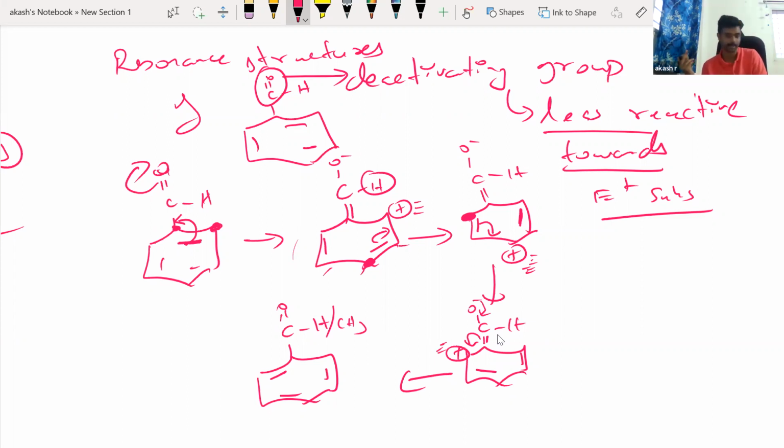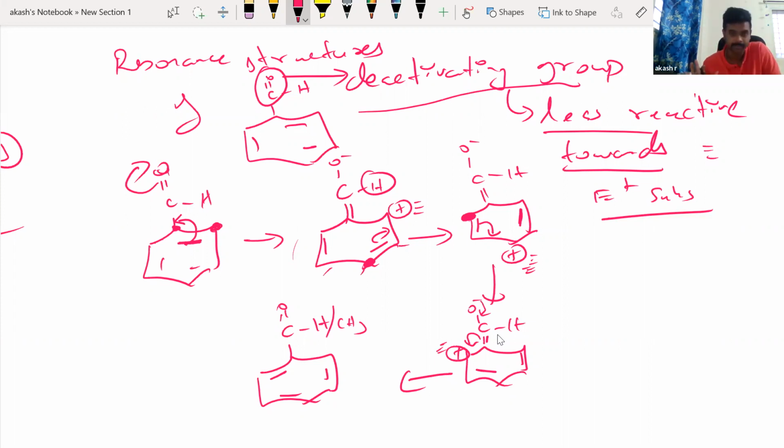Very high negative charges, so it is going to be very highly reactive for the incoming electrophile. But here you are forming positive charges, so the incoming electrophile will experience so much repulsion. That's why we say they are deactivating groups, in the sense that they are less reactive towards electrophilic substitution reactions. But less reactive doesn't mean that they are not reactive at all.